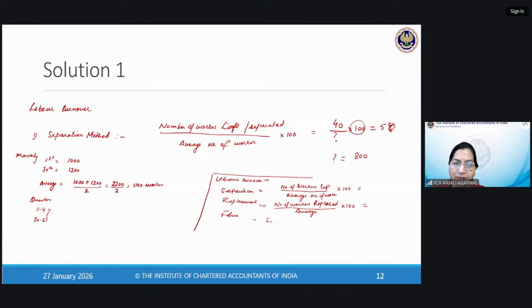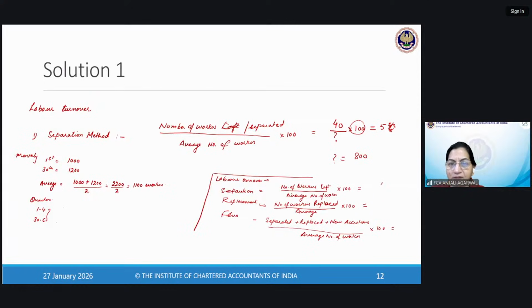Flux is separated plus replaced plus new accretions. How many new workers have joined for various reasons? Divided by the average number of workers, into 100.